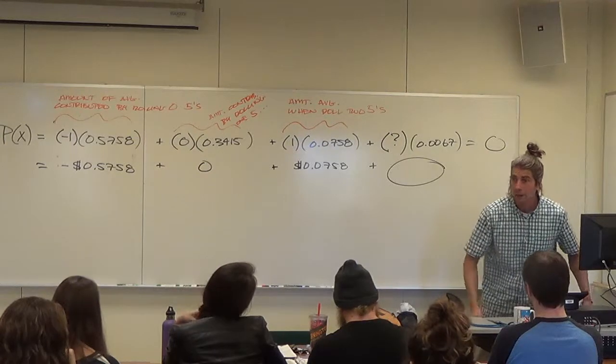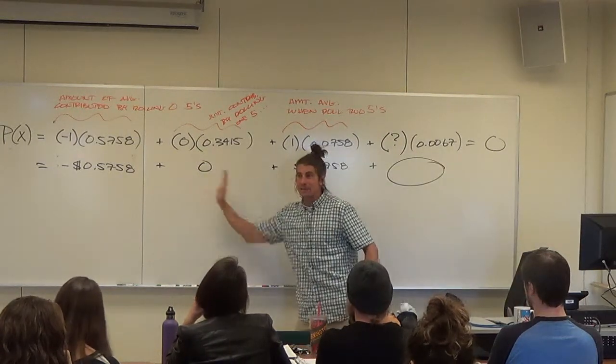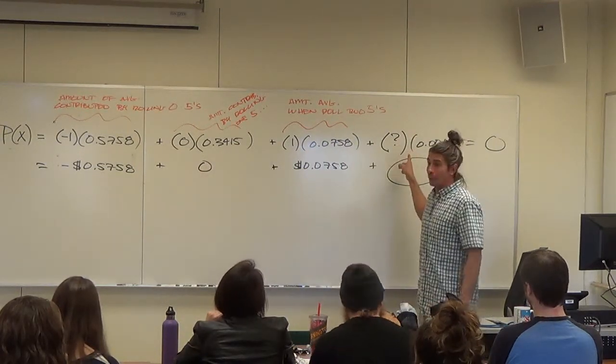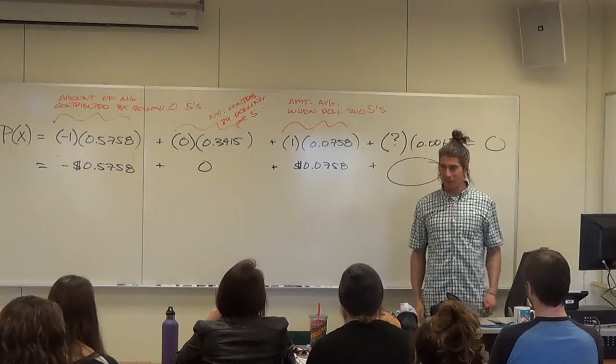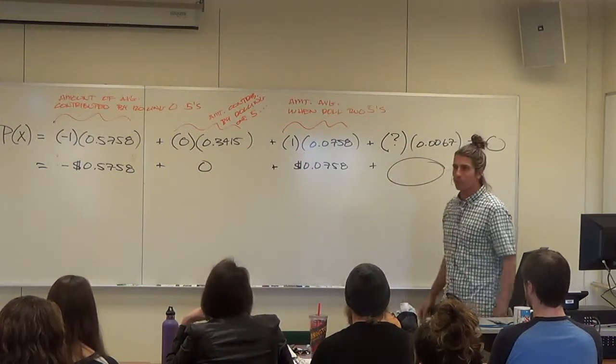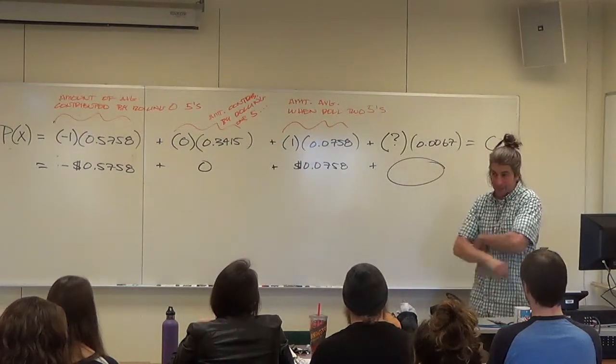That's the whole point. We want this to cancel the negative 50 cents. So in other words, what does this have to equal? Positive 50 cents, yes? That negative 50 cents, that never works out that beautifully. That negative 50 cents has to get canceled by this guy over here.